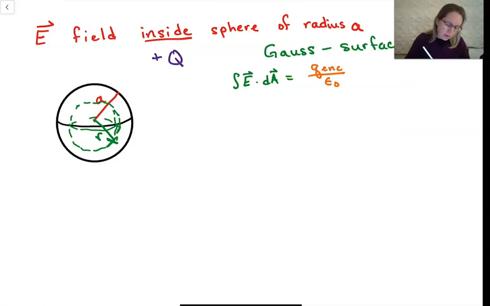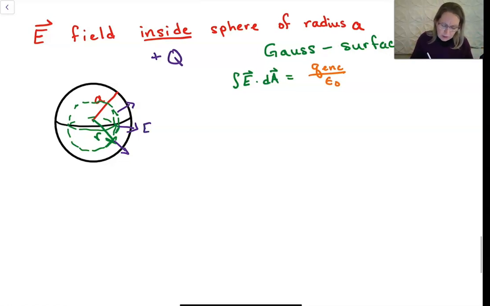We can make the same sorts of arguments to say that our electric field is going to point like this, anywhere along in here. The reason is that it doesn't matter what orientation you have in the sphere, everything looks the same. If it were oriented preferentially more in one dimension, it would mean the charges were accumulated there or something like that. So the electric field points out like that.